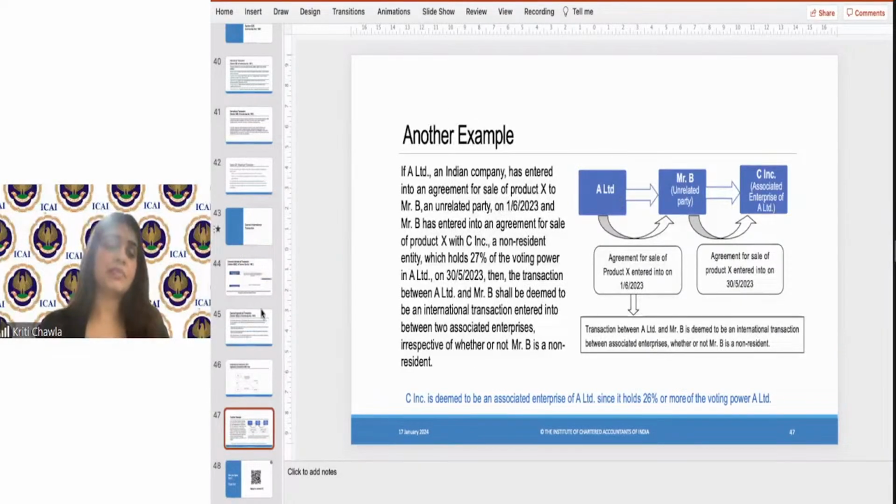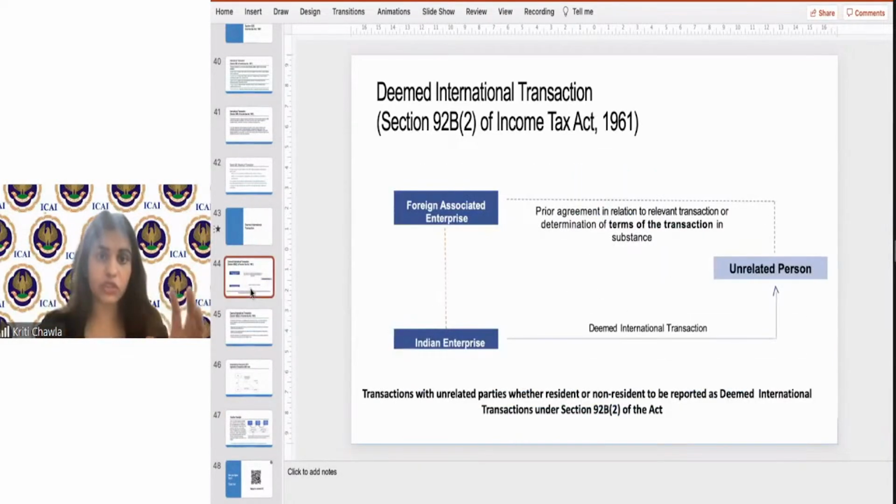Meaning to say that if you look at a deemed international transaction, even if there are three parties involved, you have to look at the reasoning of the law. Are they trying to circumvent the law by transacting with an unrelated person, or are they just interacting with each other in the ordinary course of business? If you feel that they are interacting in the ordinary course of business, it's fine.